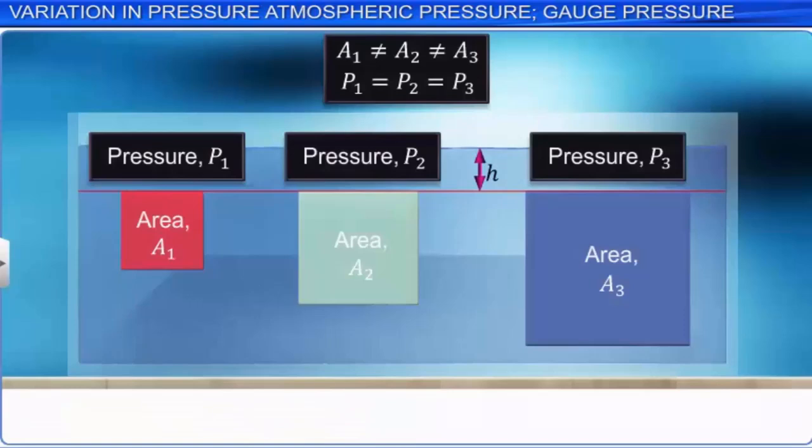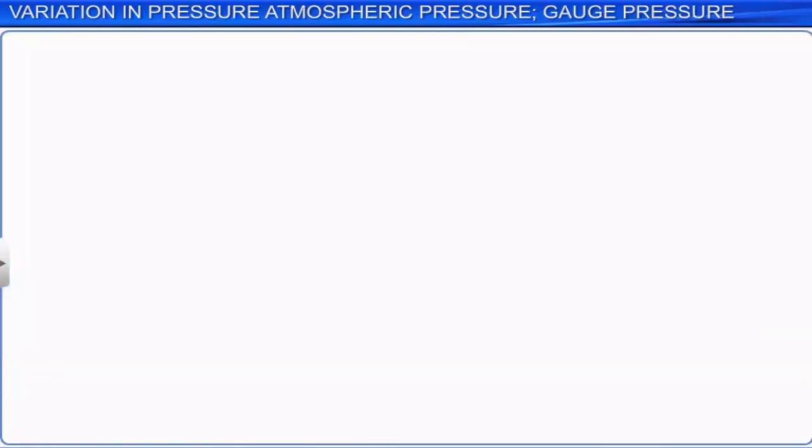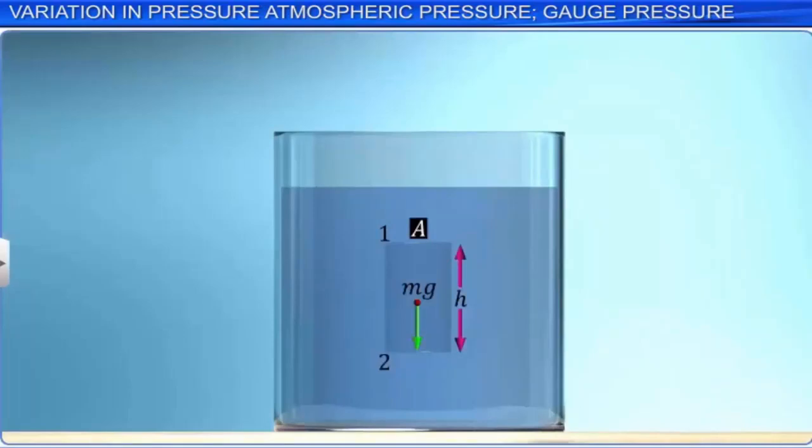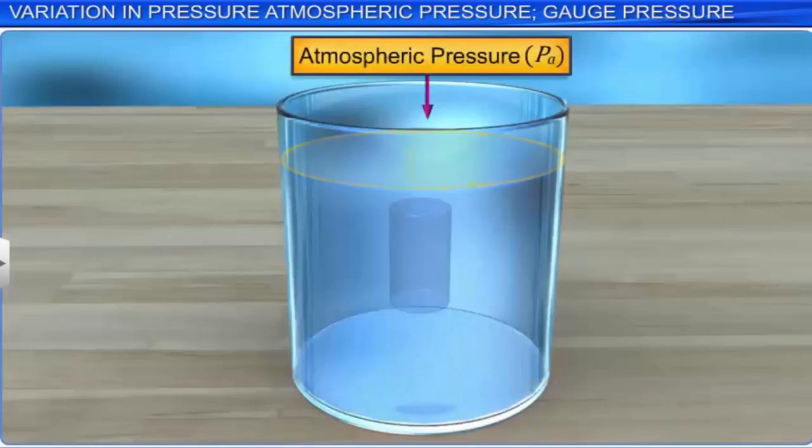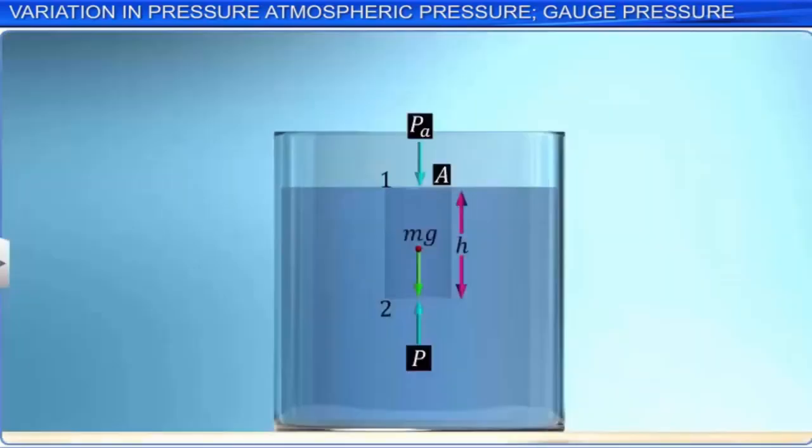If point 1 of the liquid element considered is on the top surface of the liquid and is exposed to the atmosphere, then the pressure at the bottom of the element becomes P equals Pa plus rho hg, where Pa is atmospheric pressure. Here, the pressure difference, P minus Pa, is called the gauge pressure at that point.